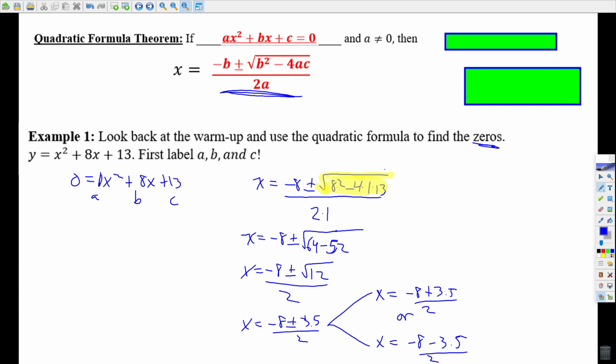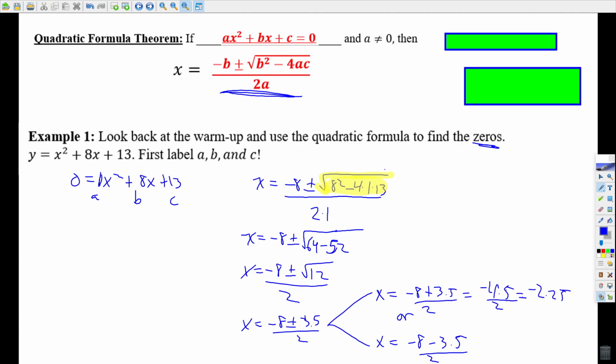So then all you have to do is finish the numerator for both of them and then divide by 2. I'll do that all in one step. We have negative 8 plus 3.5, which is negative 4.5, divided by 2, which is negative 2.25.